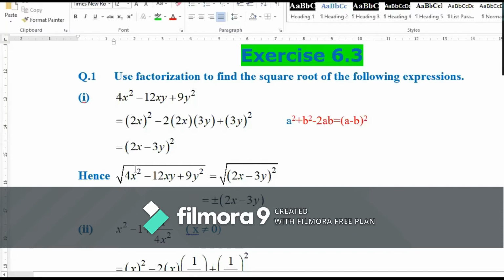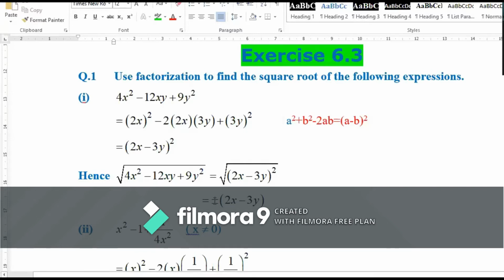You place a radical sign over it, and this perfect square will be equated to it, like 2x minus 3y whole square with a square root sign right above it. Finally, square and square root will be cancelled, a plus minus sign will be placed, and you will get 2x minus 3y. This is written as the simplest answer. Always place a positive negative sign with these algebraic expressions. So this is how the question will be completed.